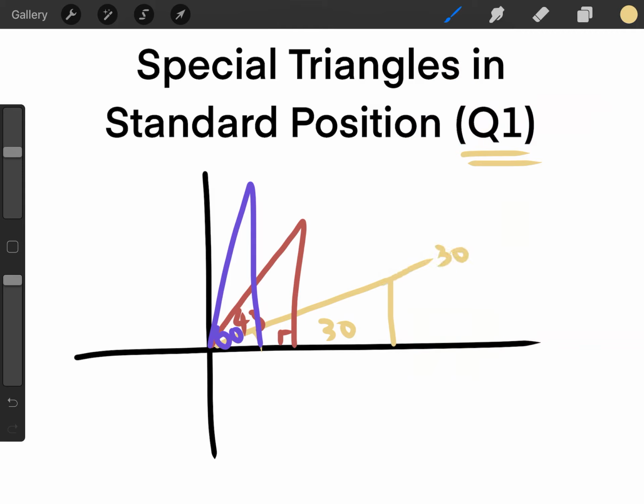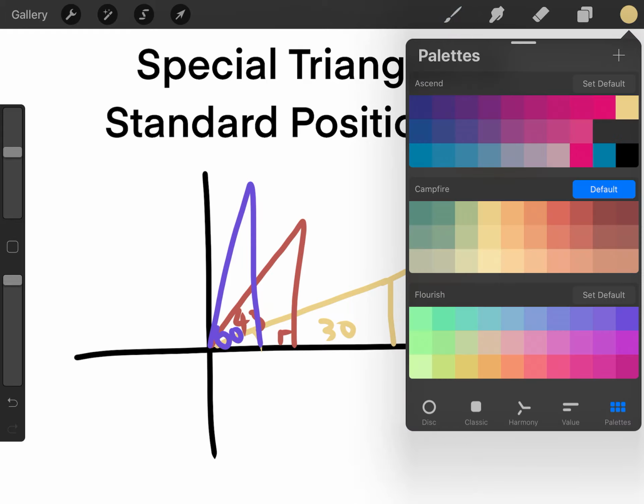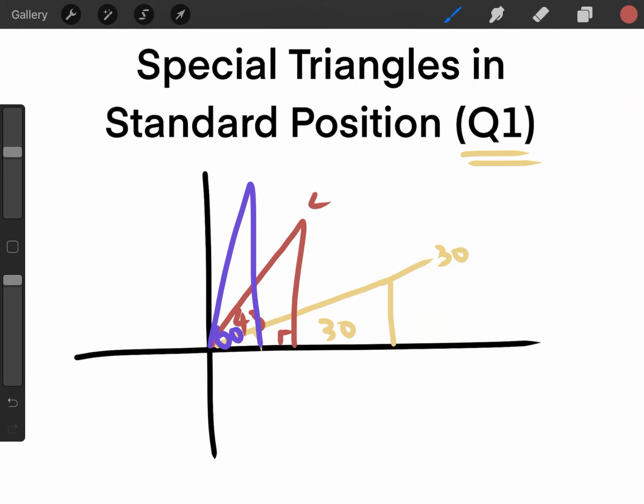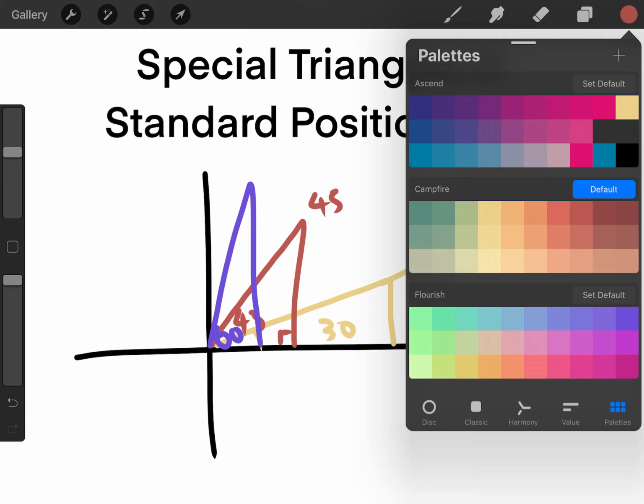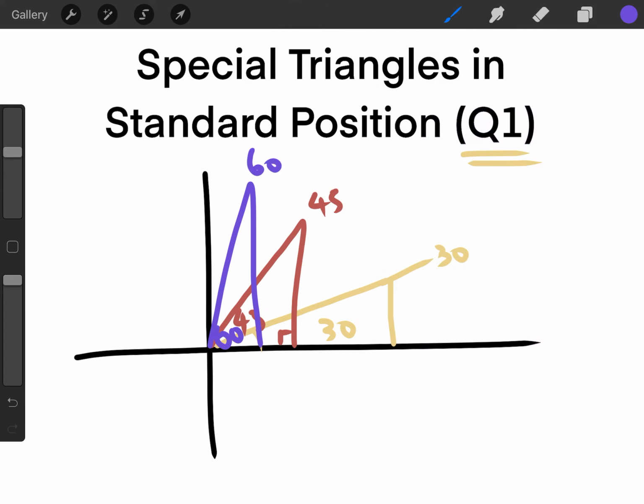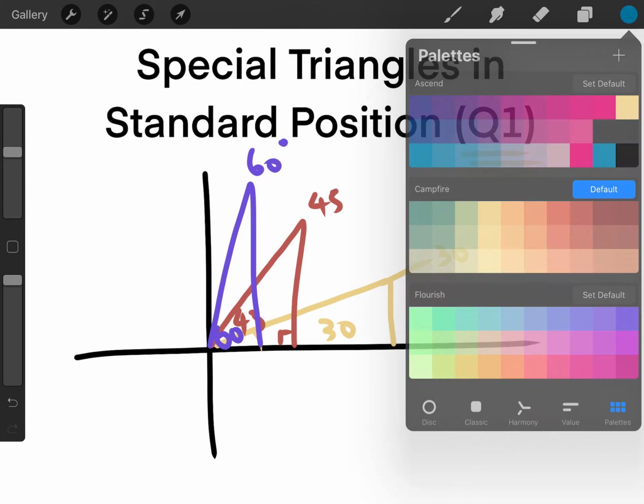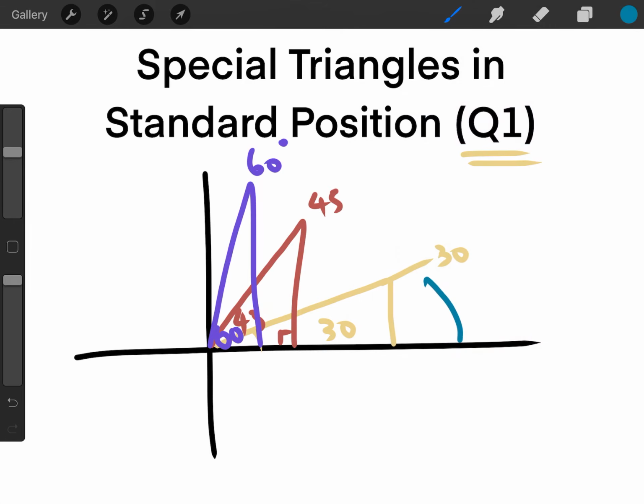The next one I want to talk about is the 45, 45, 90. This is a 45-degree angle. And the last one is the 60-degree reference angle. I'm not drawing these accurately, but I want you guys to get the point.